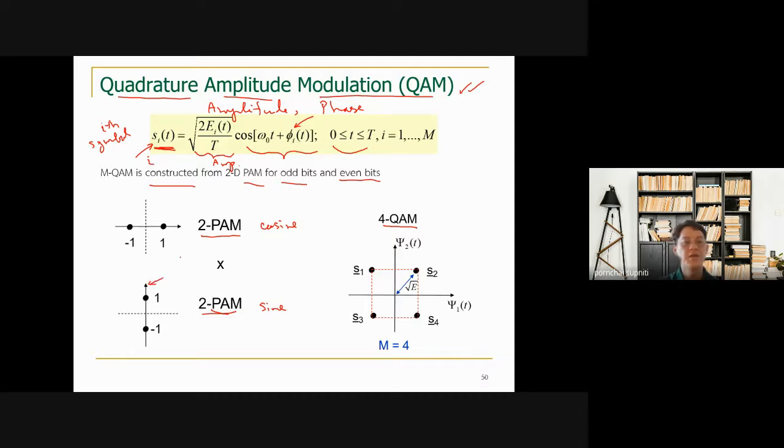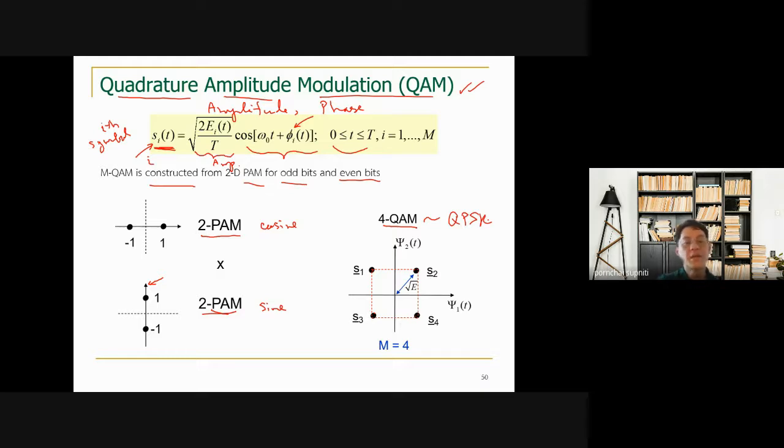So in effect, the combination of these two sets of PAM modulated on cosine and sine gives you four dots. This is called QAM, and you may notice that this is quite similar to QPSK from last time.